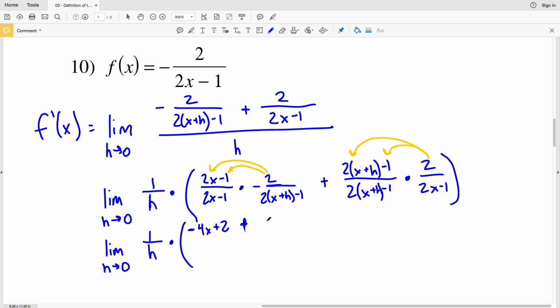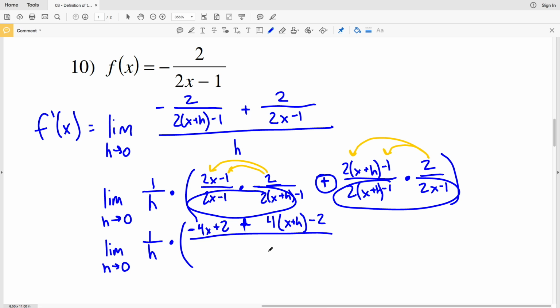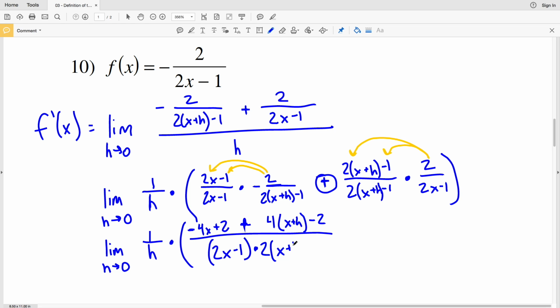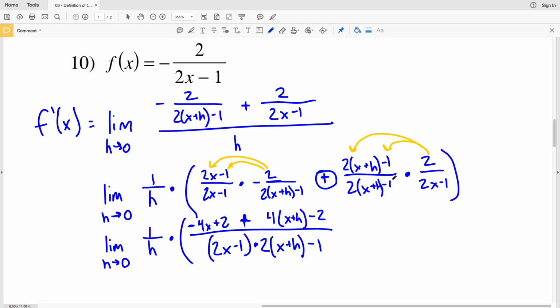So 2 times 2 is 4, so that's going to be 4 times x plus h, and then 2 times 1 is 2, so minus 2. And that's all over our common denominator, because I was able to add those because they now have the same denominator, which is 2x minus 1 times 2 times x plus h minus 1. And I just want to reiterate the fact that we're multiplying these denominators together, so this needs to go in parentheses.